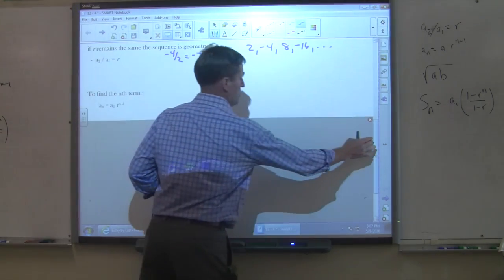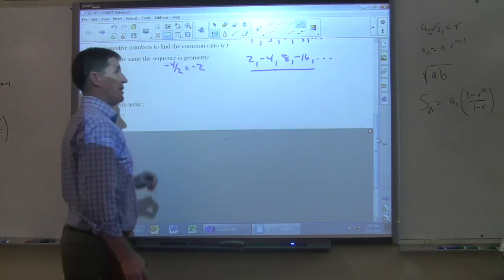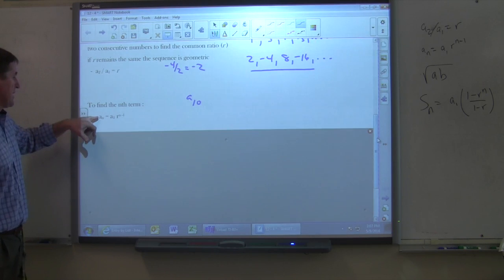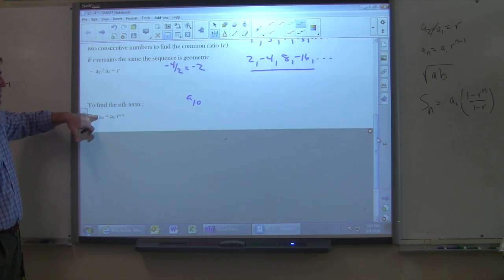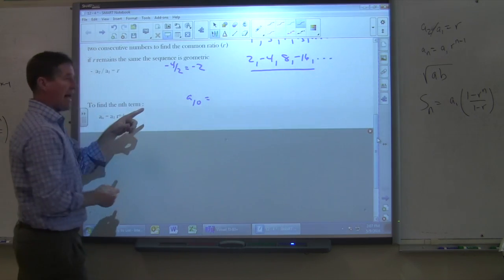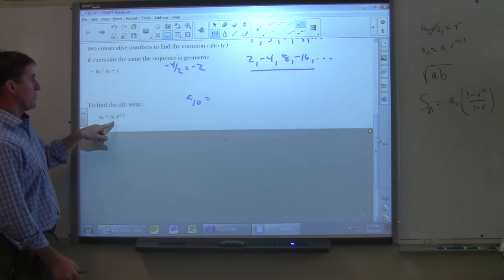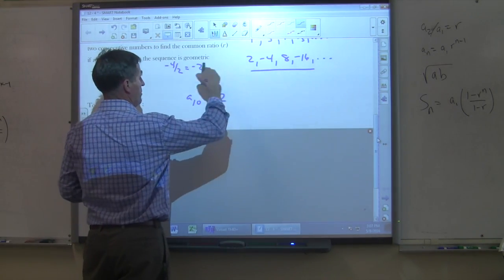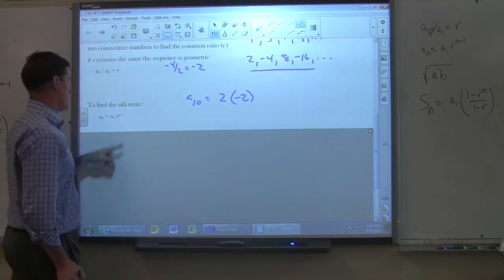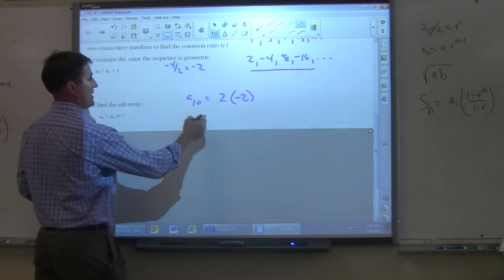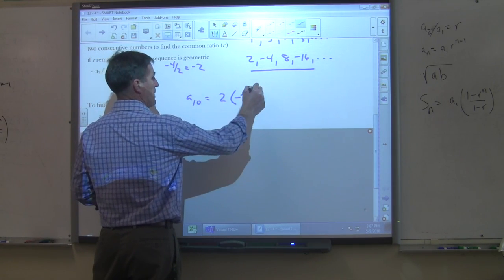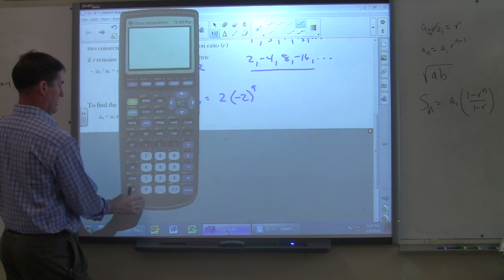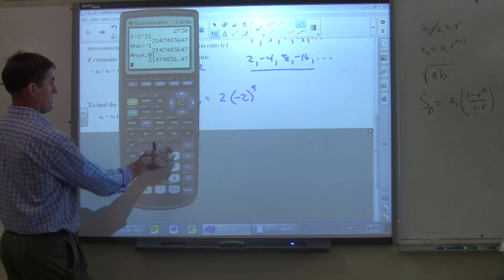To find the nth term, let's go back to this sequence right here, and let's find a sub 10. So our formula is a sub n. Now remember, this is a sub 10, so we want to find the value of the number in the 10th spot. Equals a sub 1, 2, times r, which we found was -2, to the n minus 1 power, and so we're at 10, so 10 minus 1 would be 9. And so now we take the calculator, and be careful on these with negative signs.